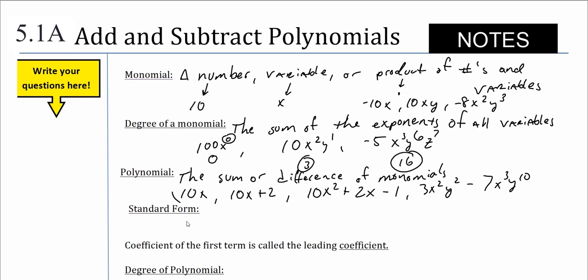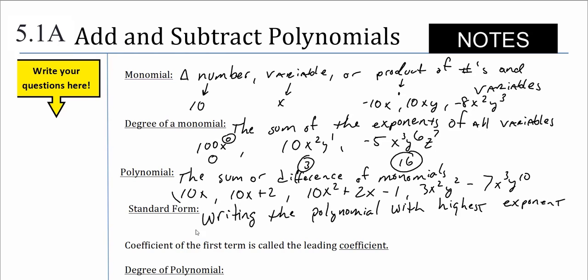What is standard form? Standard form is when you're writing a polynomial with the highest exponent first and then decreasing with subsequent terms.